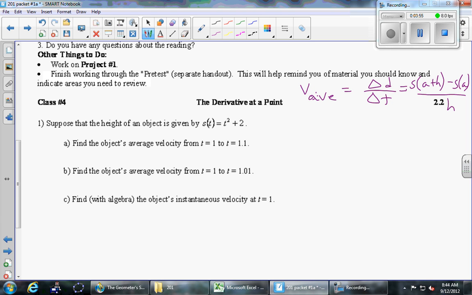So let's make sure we're clear on what this represents, why it's a reasonable thing to talk about for average velocity. First of all, that change, where do you see the change in the top of this fraction? What symbol in the top represents change? H. Not H. Well, kind of H, but it's the subtraction, right? You are subtracting 2 distances.